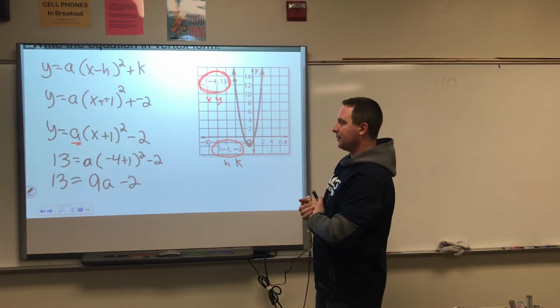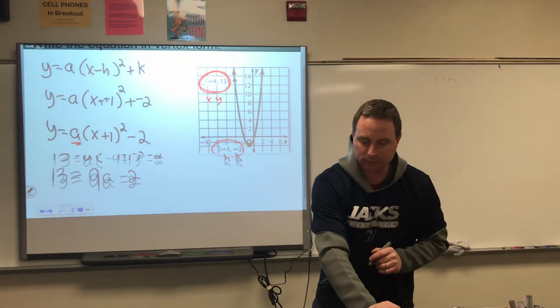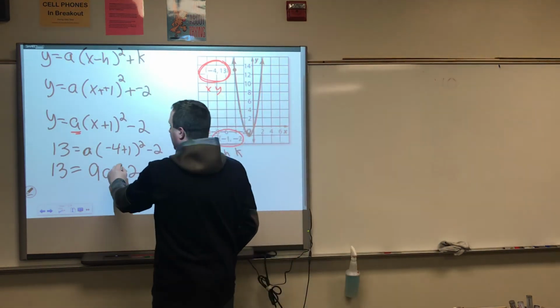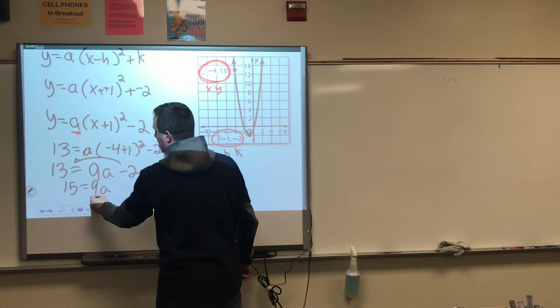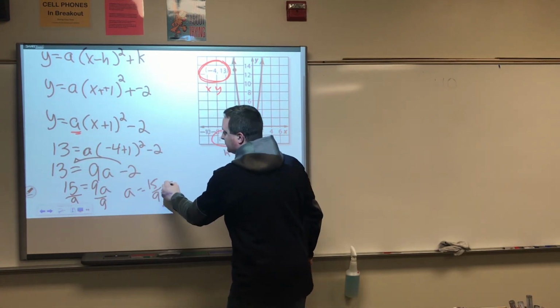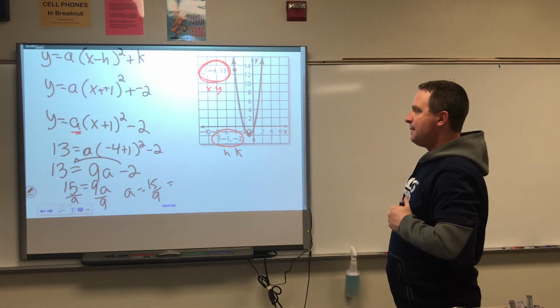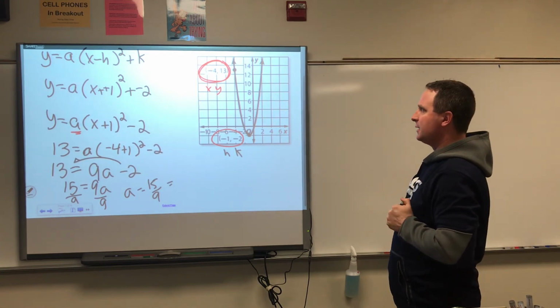I think I did -3, yep. If I add 2 here, I get 15 equals 9a. And then divide by 9, and I get 15/9. I think I did that right. -3 squared is 9.